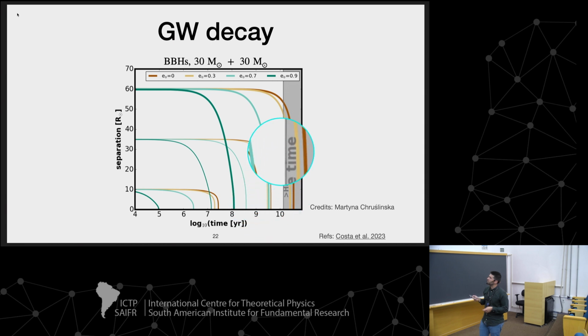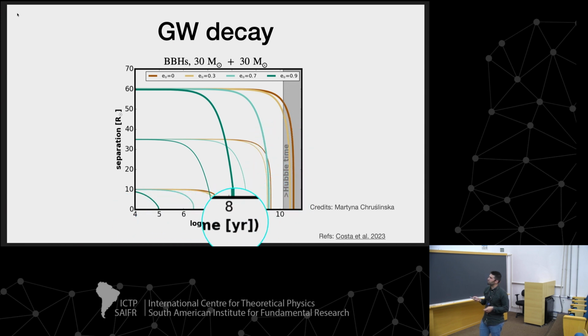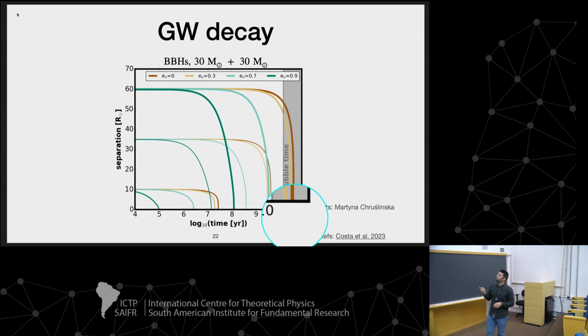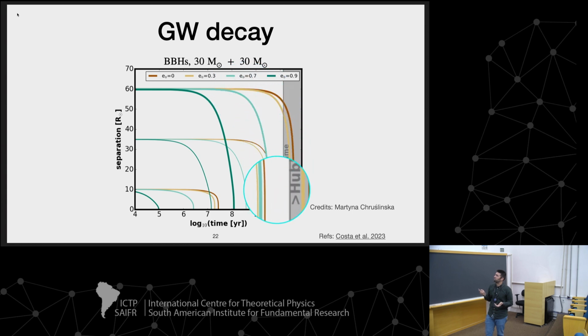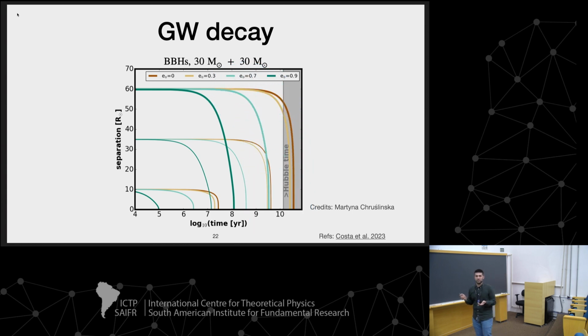This is the Hubble time, so the time that goes from here to here is the age of the universe. This is saying to you that not all compact objects can merge due to gravitational wave radiation. For example, these compact objects here have a merger time longer than the age of the universe.